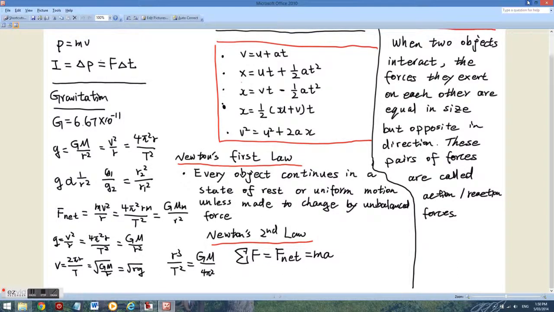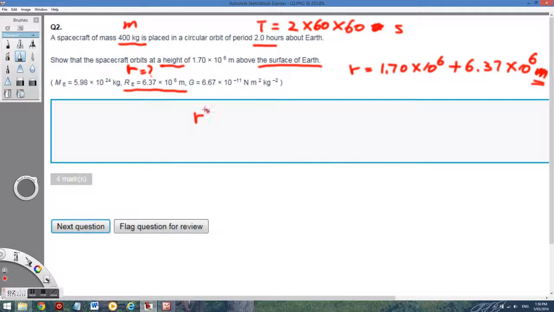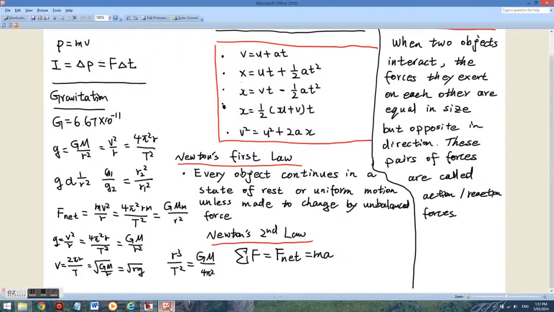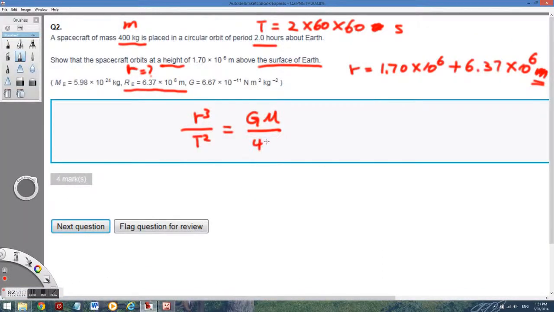So I write it down: r cubed equals GM times T squared over 4 pi squared.